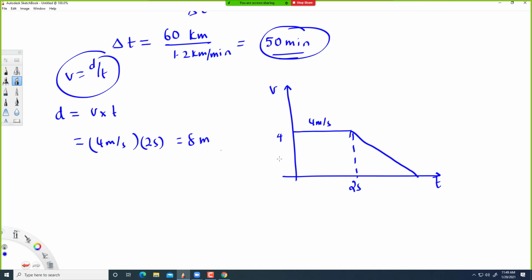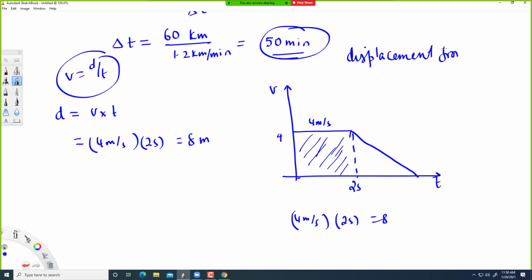It will travel 8 meters from here to here, which is also the area under this curve, length times width: 4 times 2 seconds, that's 8. So whenever you find displacement from a velocity versus time graph, you find the area under the curve.